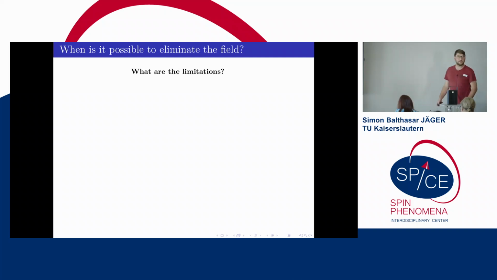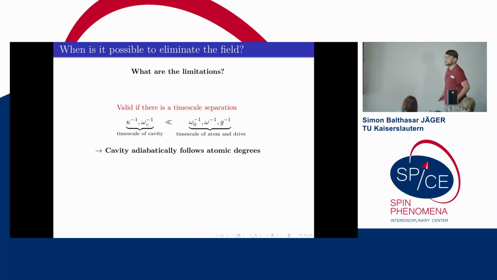Of course there are some limitations, and what justifies this is a timescale separation. What I really rely on is that the cavity degrees of freedom evolve much faster than the atomic degrees of freedom, such that the cavity can always decay quickly to an instantaneous state.